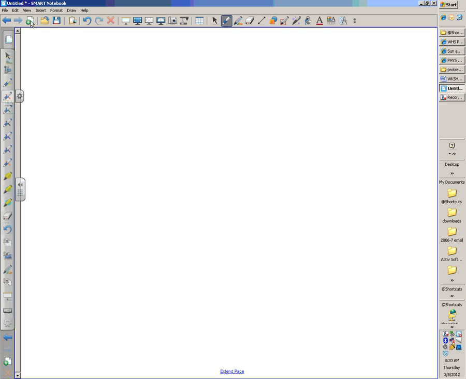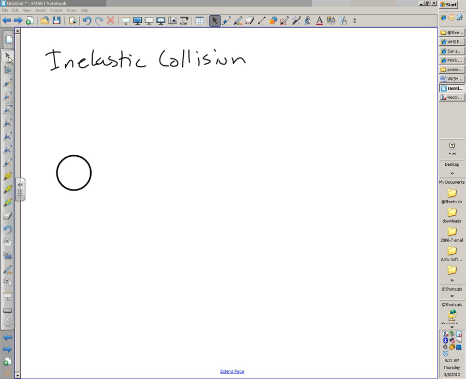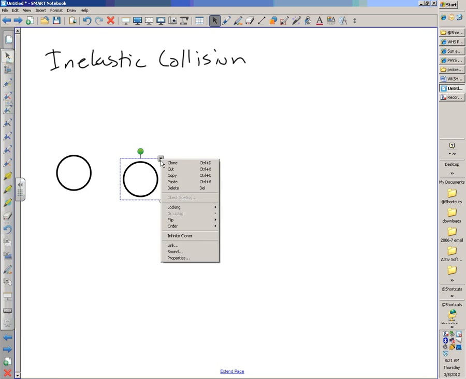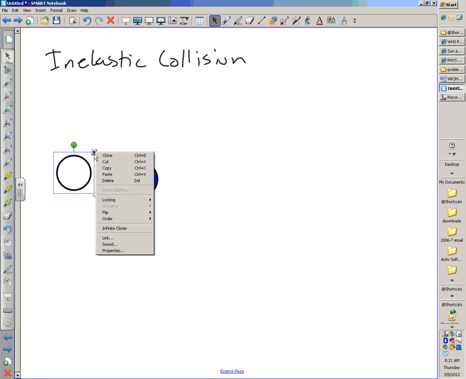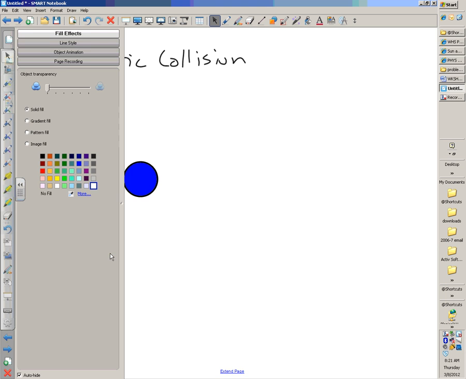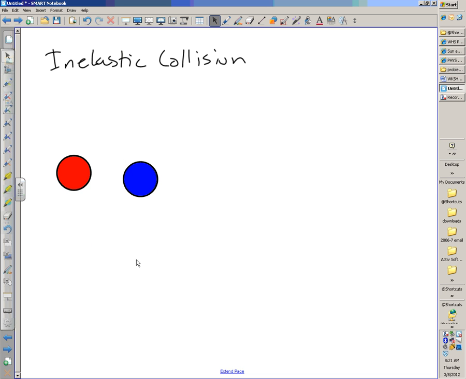The next kind of problem that we did was also an inelastic collision problem, where we had a red object and a blue object.